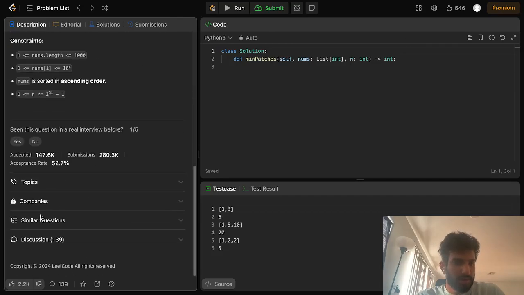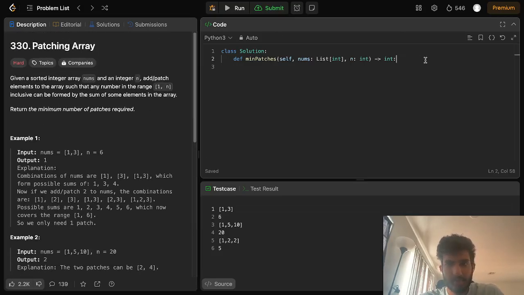I guess I'm just going to count all the numbers and then do some sort of backtracking. But then we have to find the minimum for all of them also.